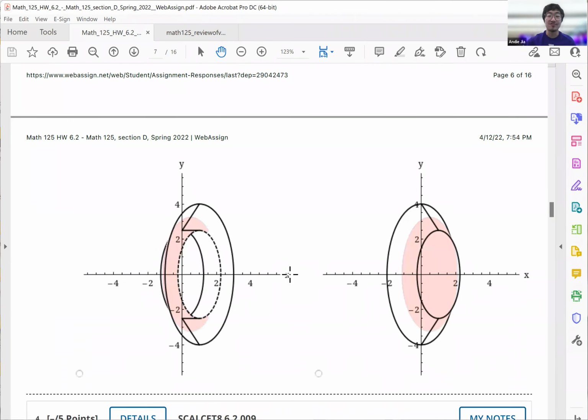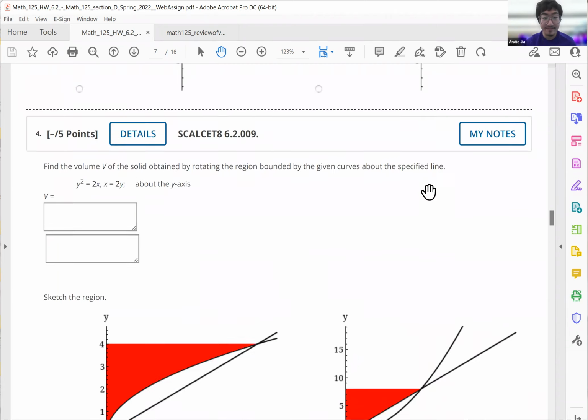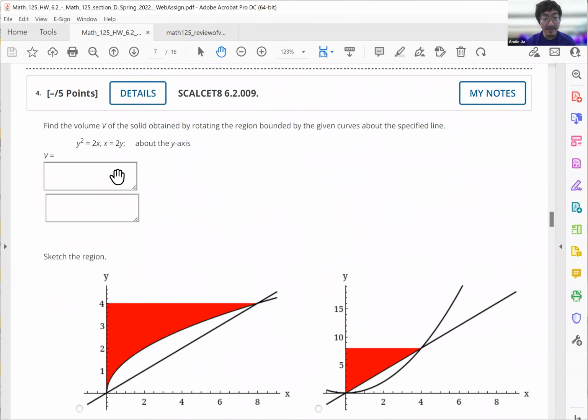And then just to draw this region. In this case, I will use dx, as x is going to be 1 over half of y squared.